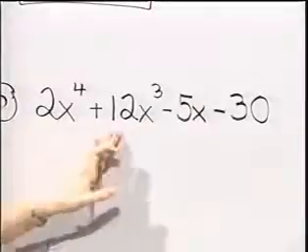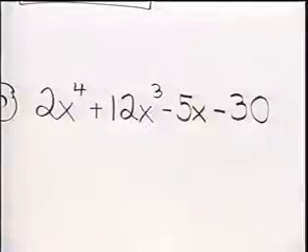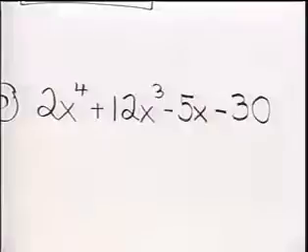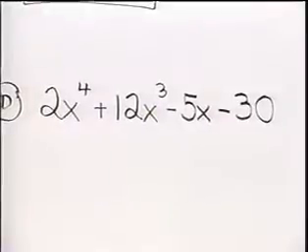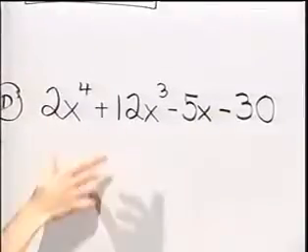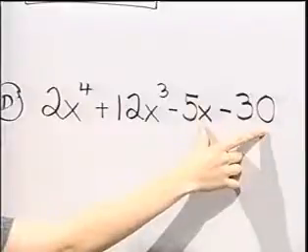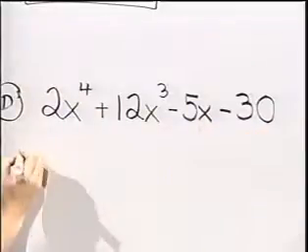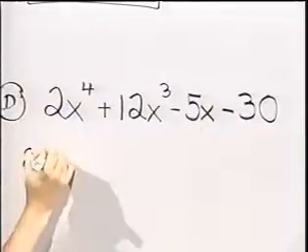So we'll just count the number of terms we have in our polynomial and see if we can factor it from here. You have 4 terms in this polynomial, and therefore what you want to try to do is factor by grouping. You're going to group these 2 terms and those 2 terms together. So let me spread it out a little bit so that you have some more room.